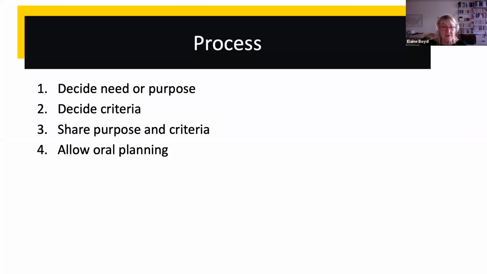Even if they get a bit muddled about it, that's all part of them making sense of it and the shape of it. So make sure you're not rushing, oh, here's a writing task for homework. Make sure you plan in time for this oral planning, whether that's with you as the teacher or with them together as they get older and can do that.